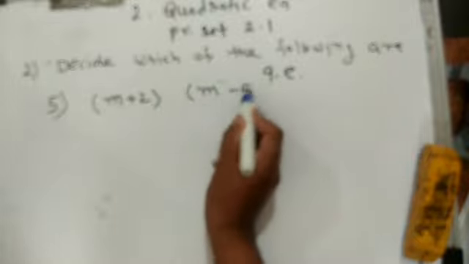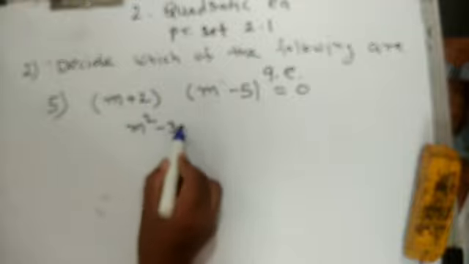Then in the fifth problem, here we have (m plus 2) in one bracket, (m minus 5) in another bracket, is equal to 0. Multiply these two brackets. When we multiply these two brackets, what do we get?